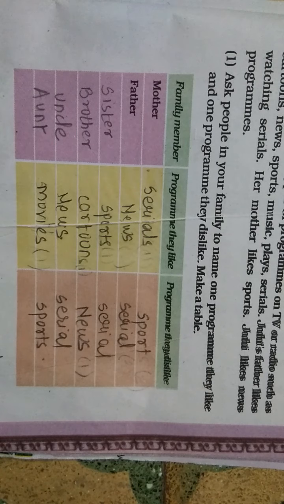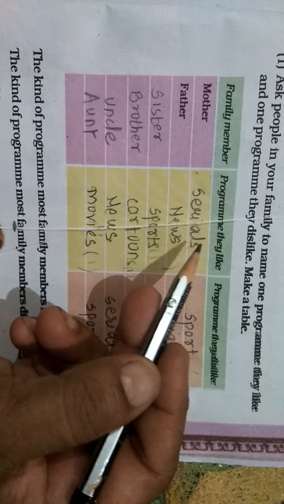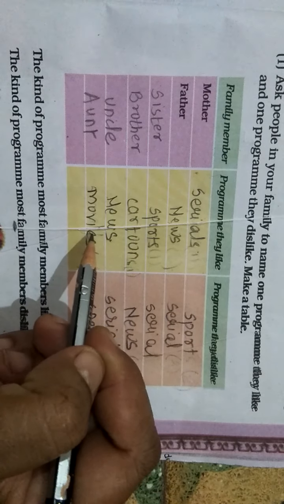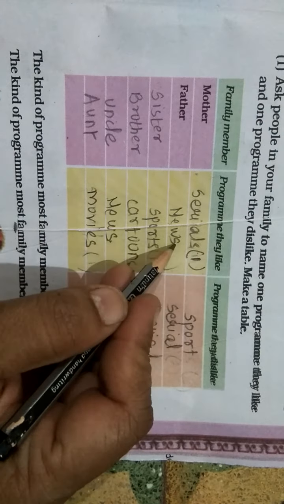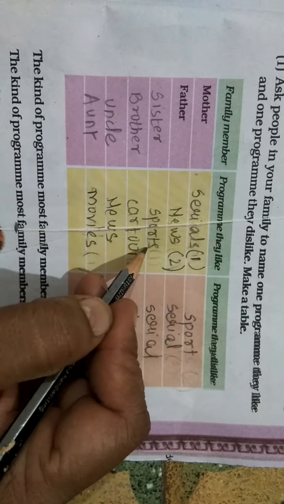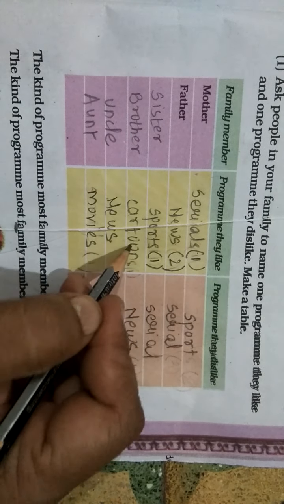Now, children, you have to write here the kind of program most family members like. Now, children, if you go through the table, you have to go in the like column. Now, here, serials is liked by how many? Only one person, that is mother. Now news, yes, there are two persons who like news. Sports, there is only one person who likes sports.